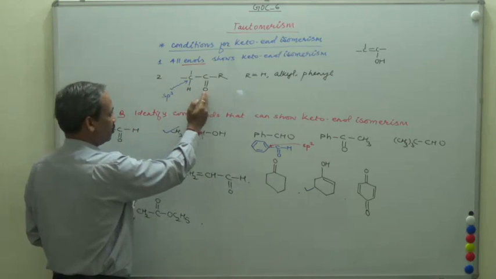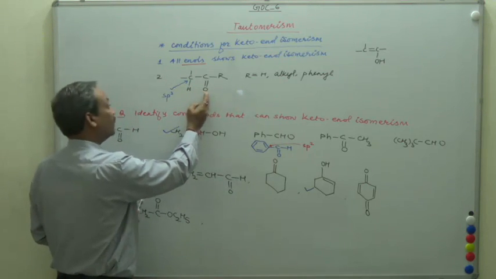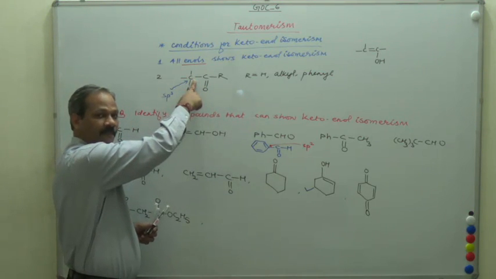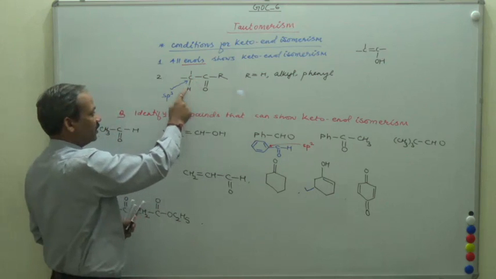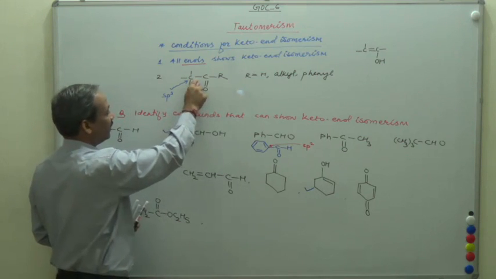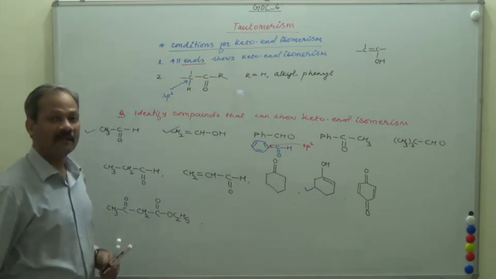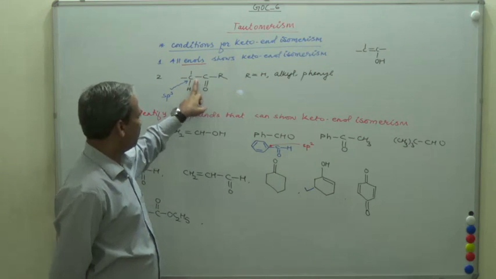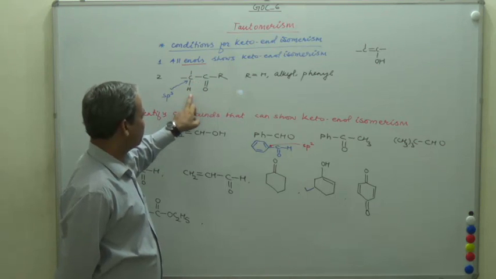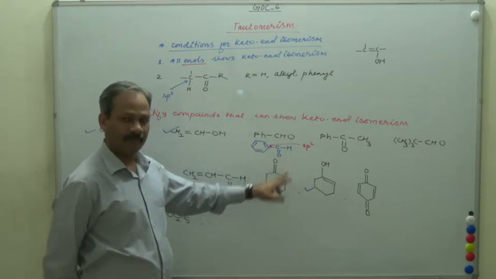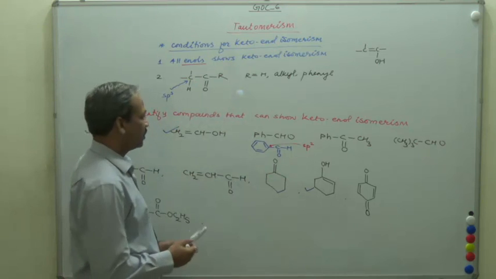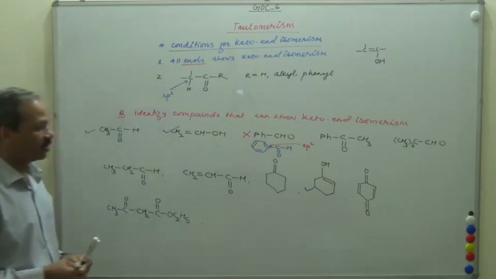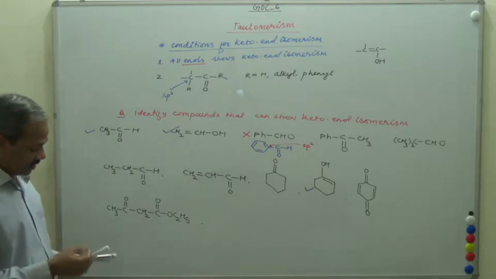First, there should be a CO group of aldehyde or ketone type. Second, there should be an sp3 hybridized alpha carbon atom. And third, there should be a hydrogen bonded to this sp3 hybridized alpha carbon atom. So here the sp3 hybridized alpha carbon atom as well as hydrogen both are missing. So this compound can't show tautomerism or keto-enol isomerism.